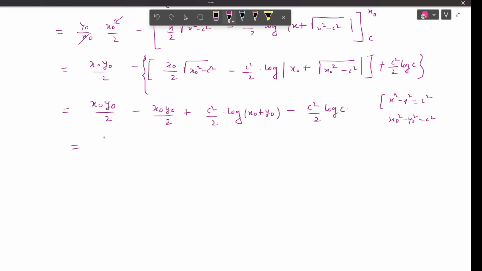Now this will cancel out. Ultimately we got c square by 2 if we take common. This is log a minus log b, that is log of a by b. So log of x naught plus y naught by c. This is the thing we have to prove.